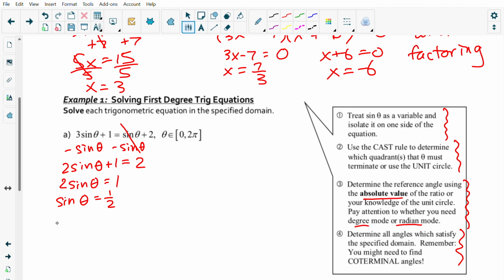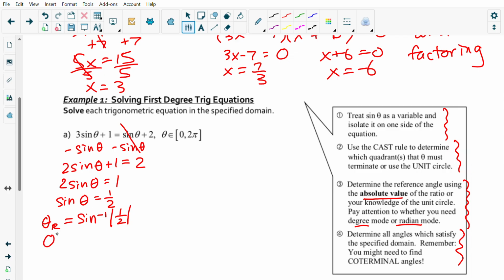And then I need to take the inverse sine. So I need to find the reference angle. So the reference angle equals the inverse sine of the absolute value of the ratio 1/2. And we need to take a look at this part right here.